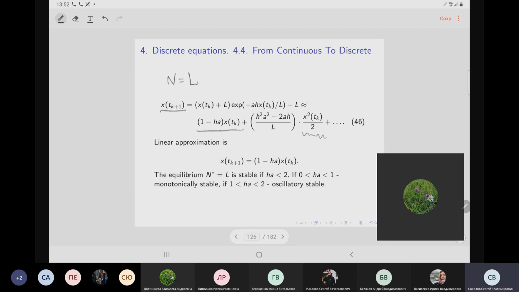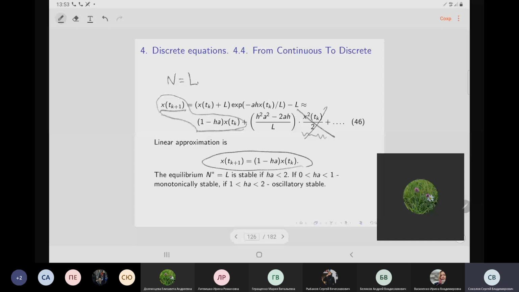And then the following sum consists of terms of increasing degree, so square, cube, and so on. So when we linearize the equation, we neglect these high order terms, and finally only these terms have influence near the equilibrium. So this is our linear approximation.